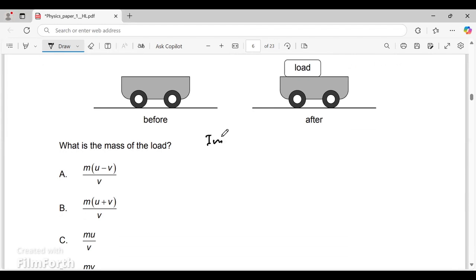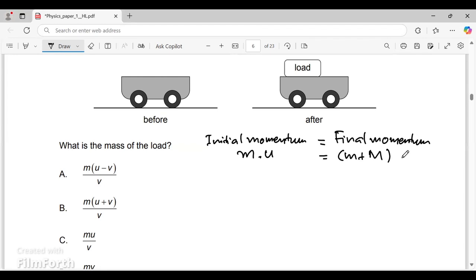The initial momentum, m times u, equals the final momentum, m plus M times v.